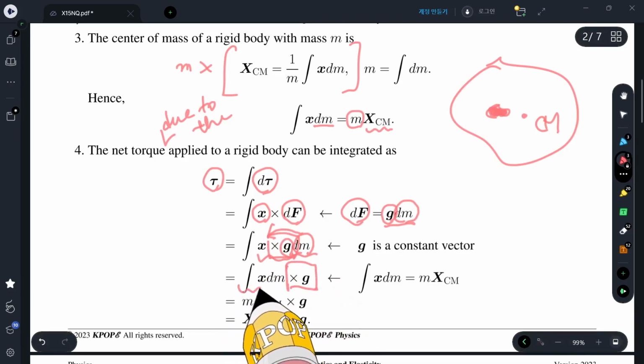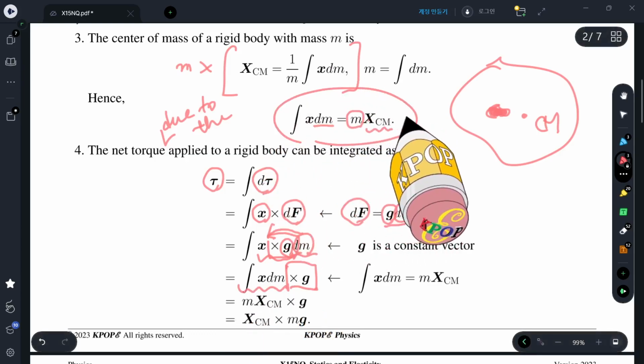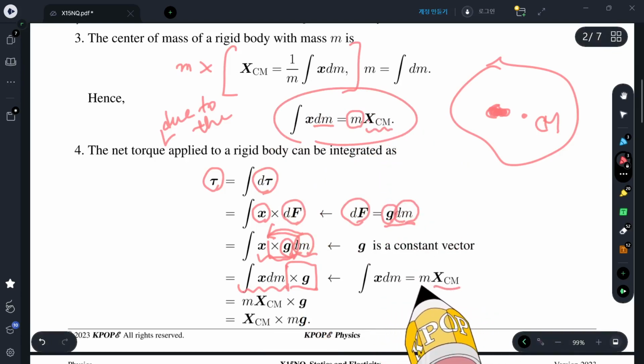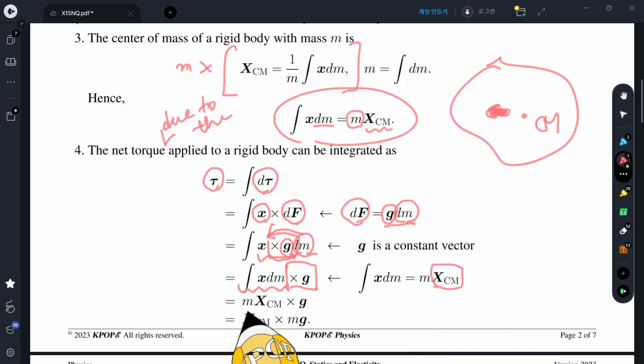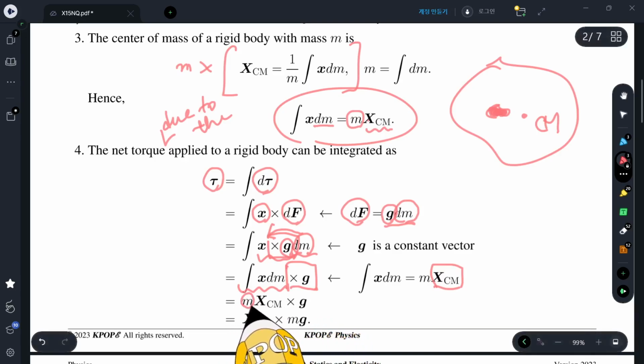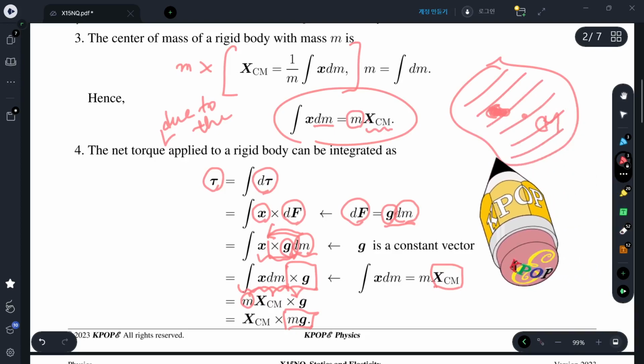By the way, the integral of x dm, by definition, is the total mass times the center of mass. So I have the total mass times the center of mass cross product with the gravitational acceleration. Now mass is commutative. I can bring it in front of the gravitational acceleration. And what's that? This is the gravitational force applied to the whole rigid body.